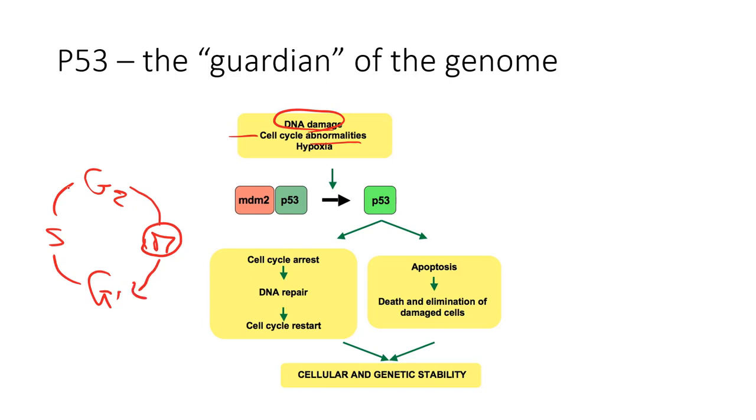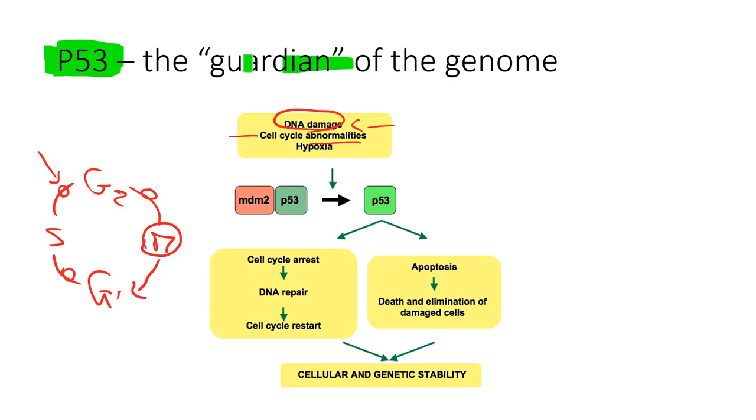Remember that there are many checkpoints at different spots where the cell will check and make sure that the DNA is actually functional and there's no damage there, right? Well, that protein that is responsible for checking DNA damage is called p53.